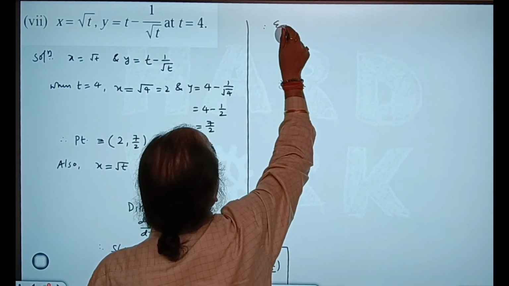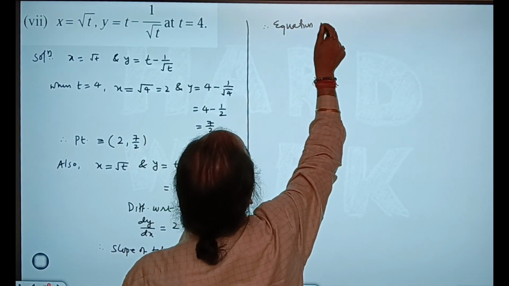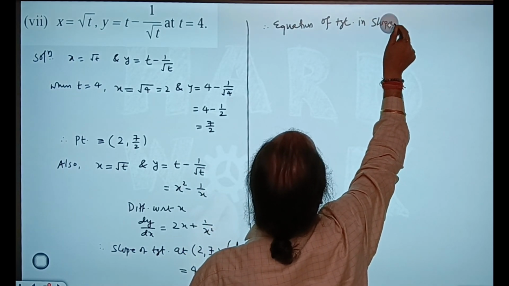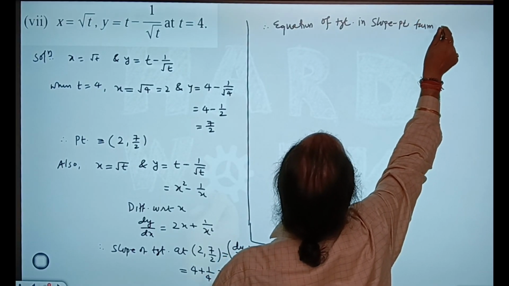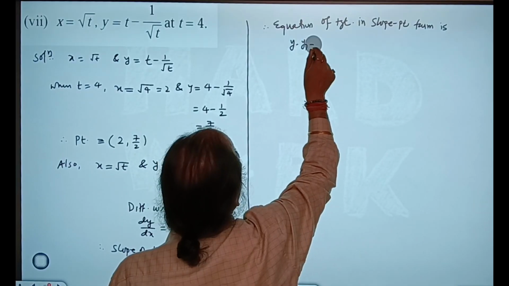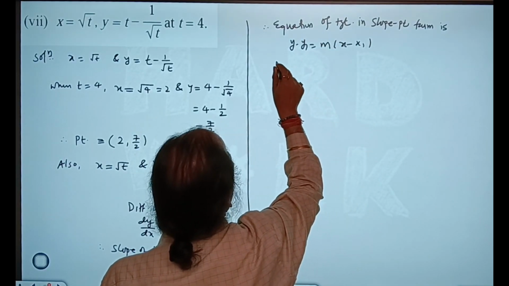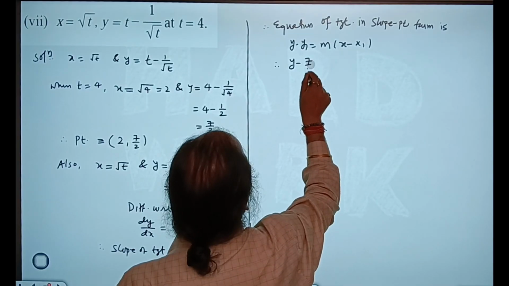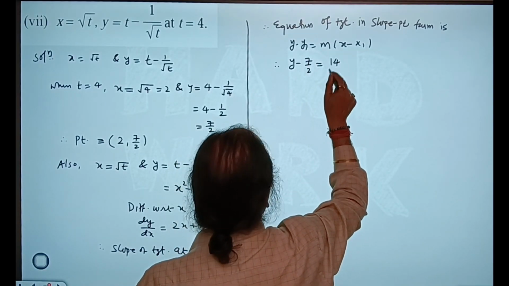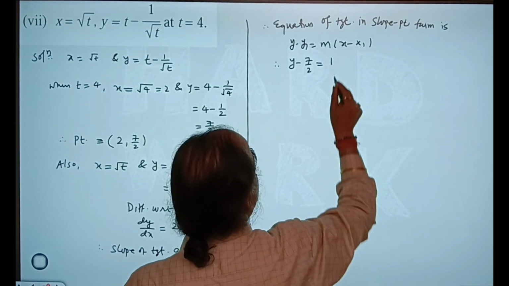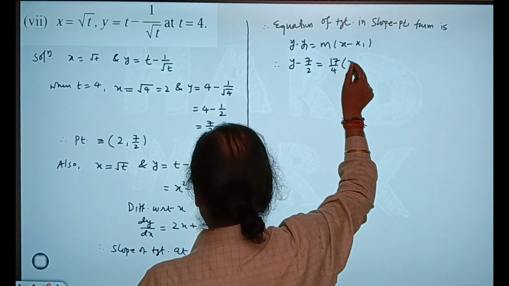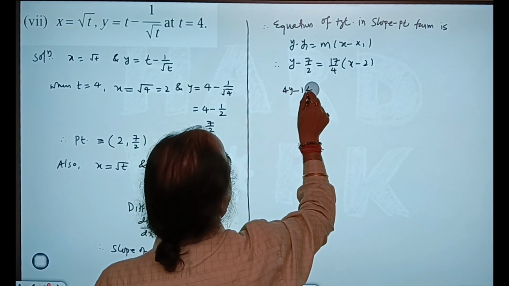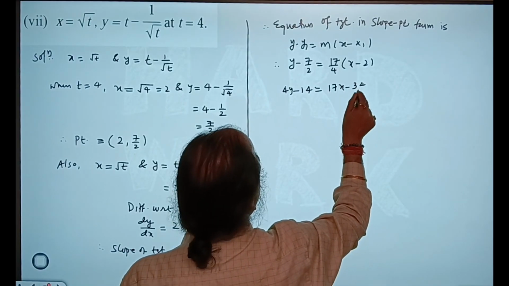Therefore, equation of tangent in slope point form is y minus y1 is equal to m into bracket x minus x1. y minus 7/2 is equal to 17/4 into x minus 2. 4 you multiply, so 4y minus 14 is equal to 17x minus 34.